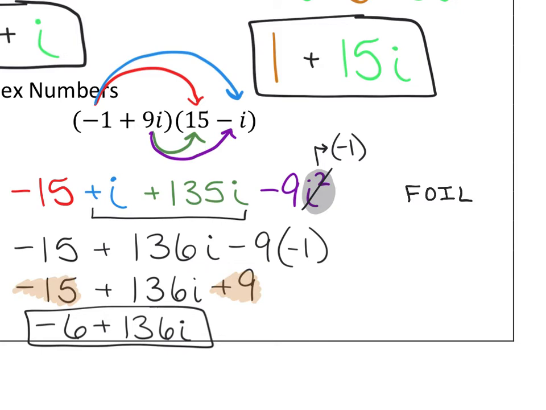First, outer, inner, last. Okay, so I did the FOIL, and then I did 2 things at once for the next step. I combined like terms in the center, and I replaced I squared with negative 1. That's 2 things. To make the third line, all I did was multiply the last thing.